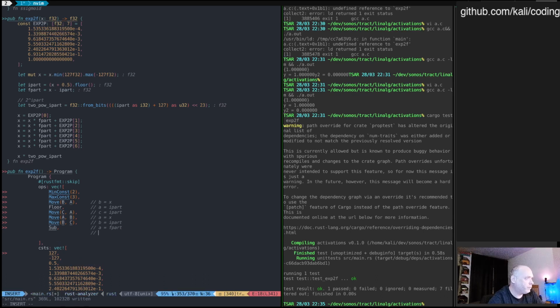Okay, let's try to do the polynomial part. So we have F part in A. So I'm going to multiply F part by... I don't like that they use X again here.